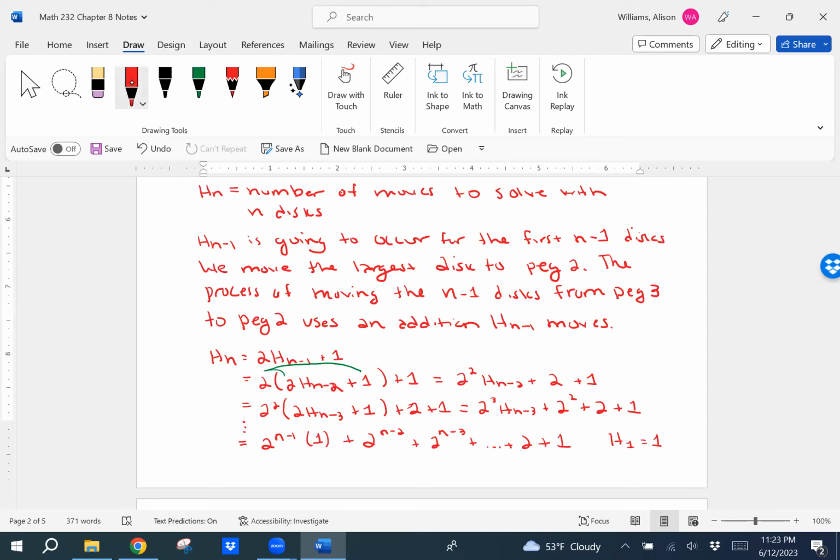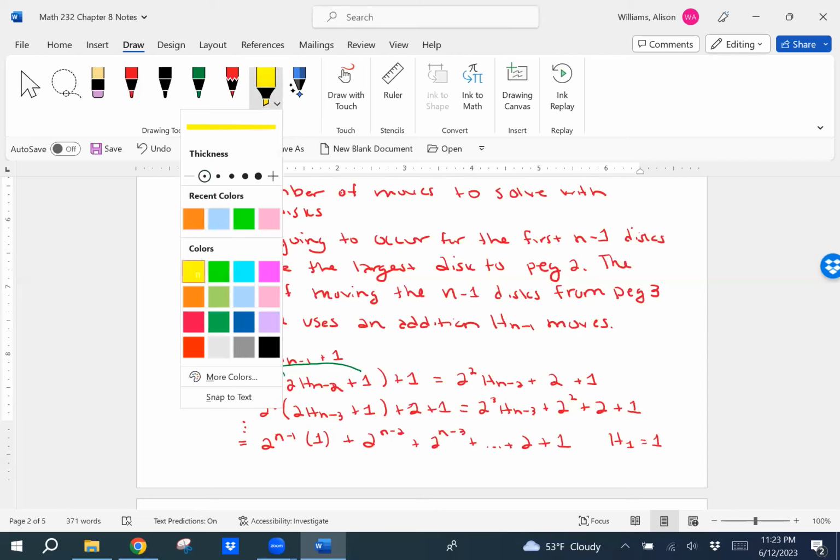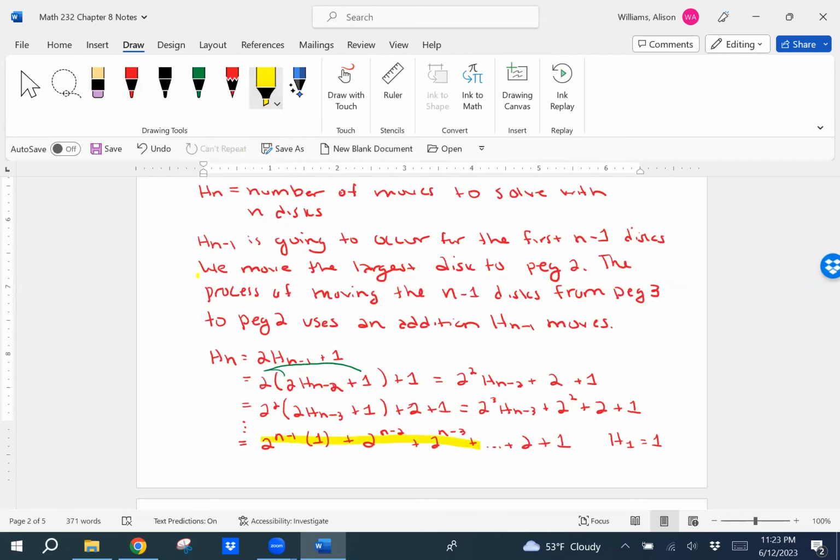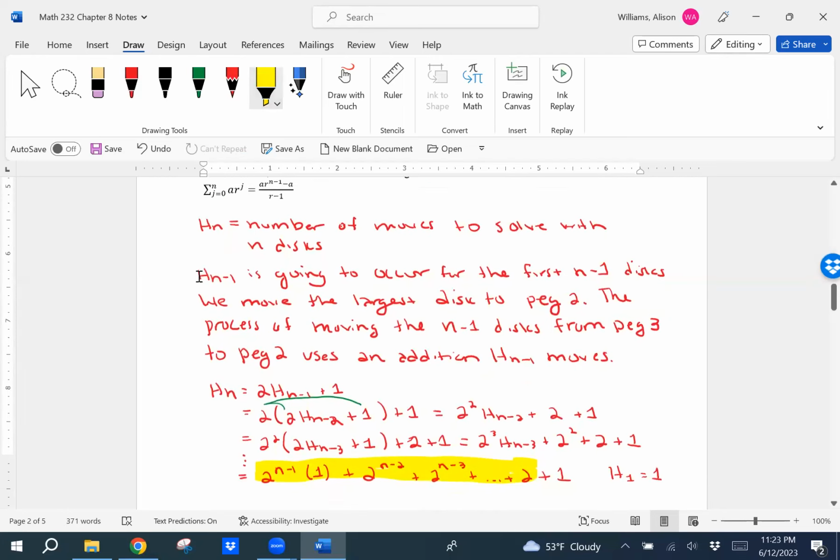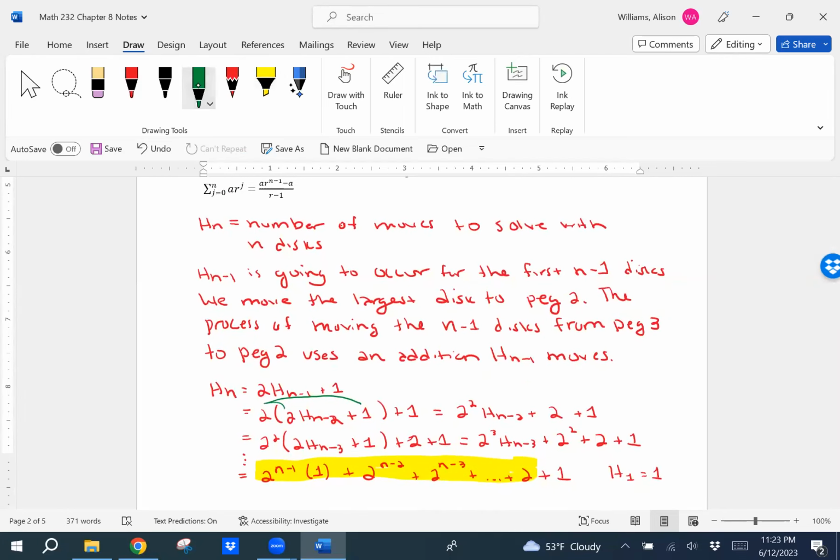Let me switch back to my yellow highlighter. This right here is a geometric sequence, and that then can use this formula up here. So let's use it.